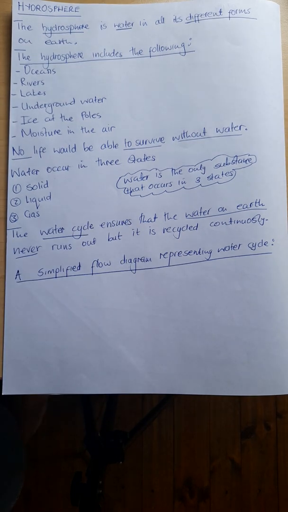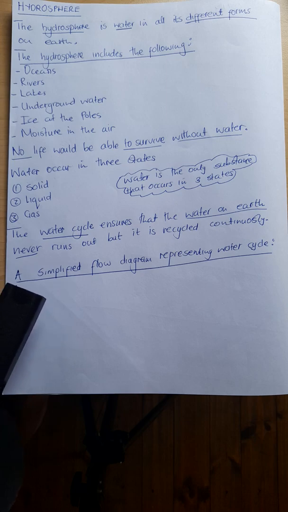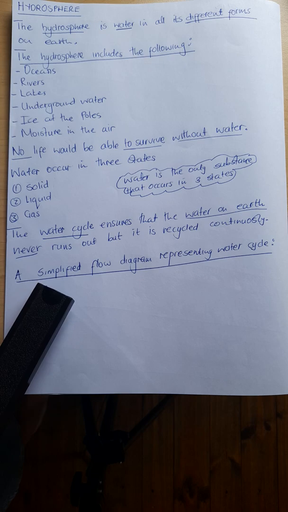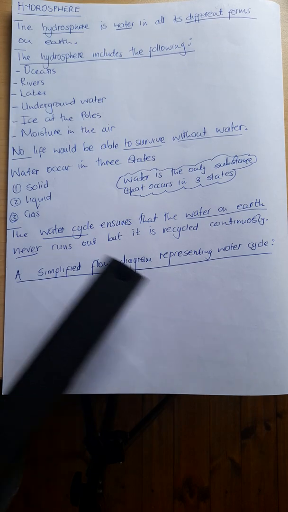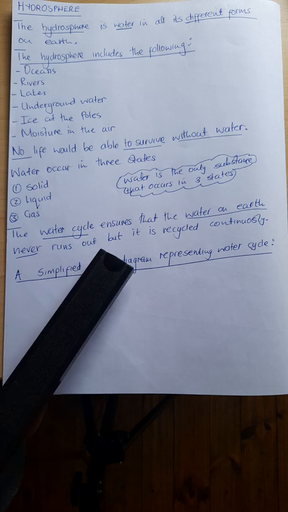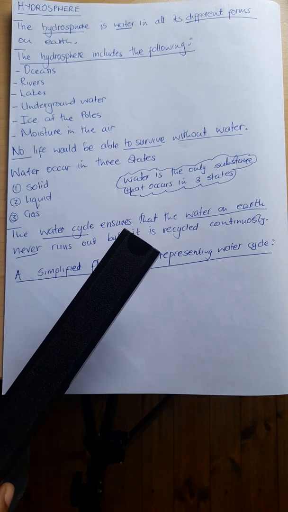I need to check the page for that one, but I will let you know. I will write the page on the notes so that you see at what page the water cycle is represented, to show that water never runs out, but it is continuously recycled.